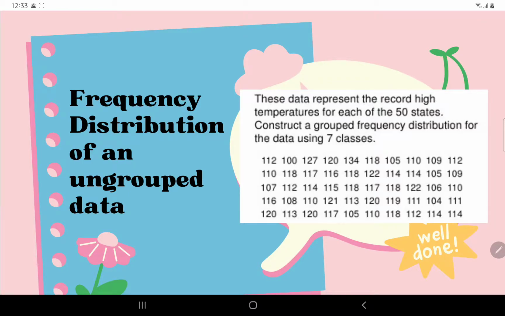So our frequency distribution should look like this. Our first column is for x, where x is the values, or the numbers, in our data, and the second column is for the frequency.